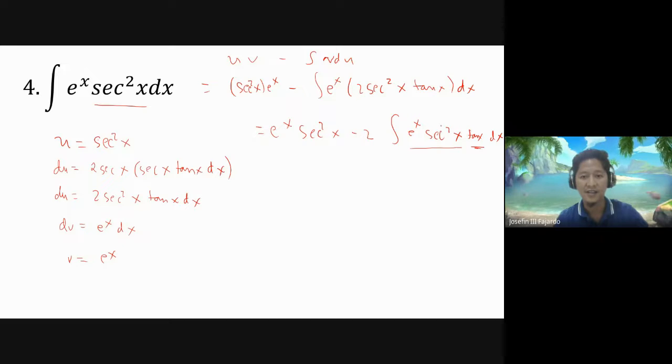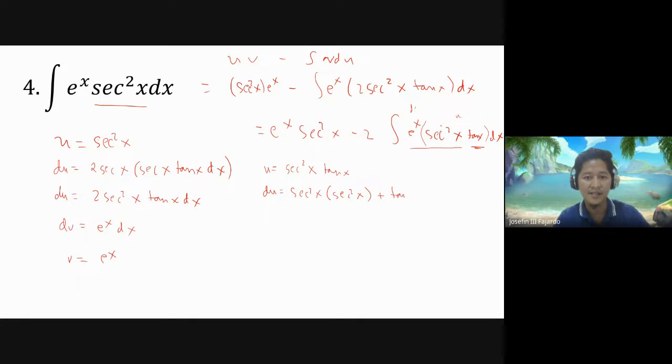Try natin ulit. Ito yung gagawin natin ulit na u, tapos ito naman yung dv natin ulit. Tingnan natin ang magiging itsura. Okay? Ang u natin dito ay secant squared x tangent x. Ang du natin dito will be what? Secant squared x times secant squared x, right?